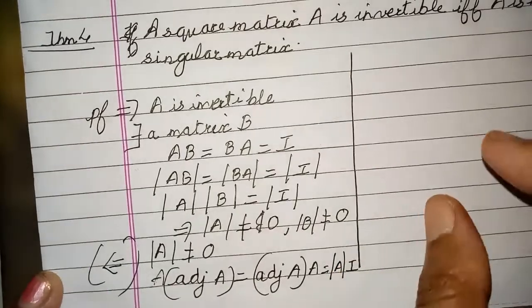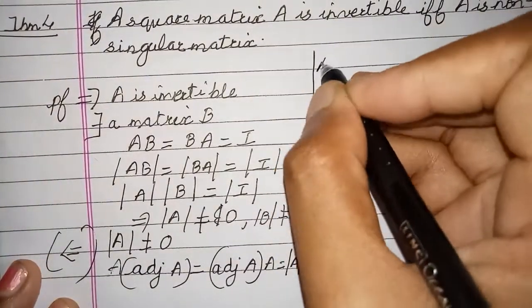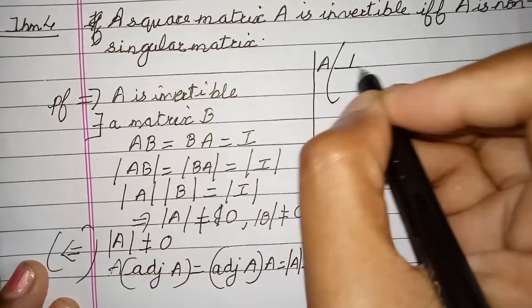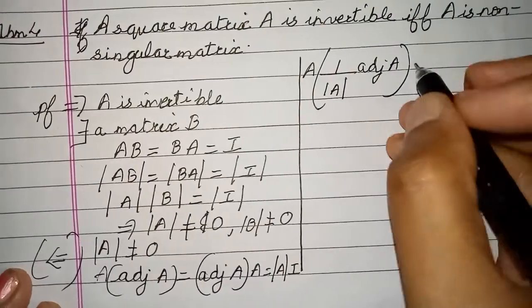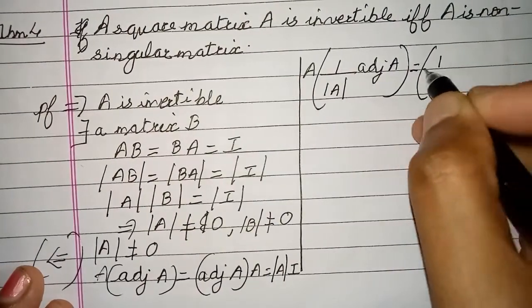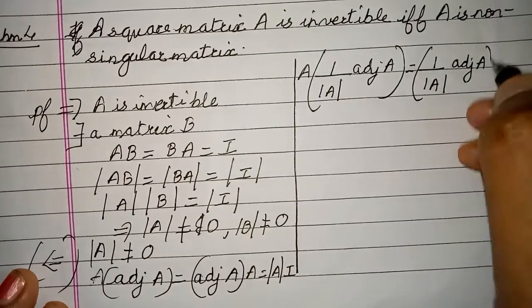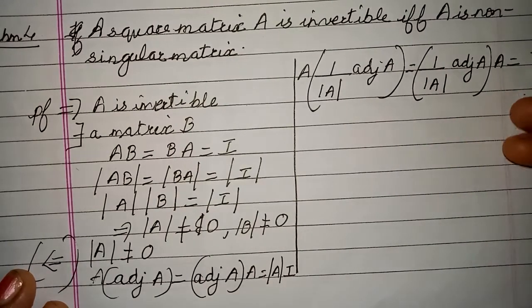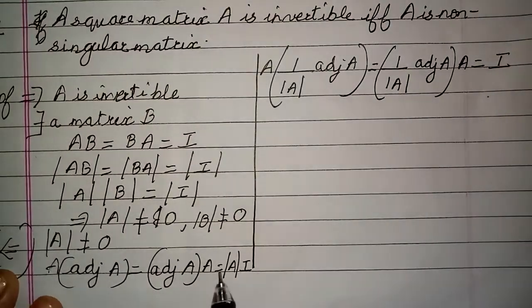Now determinant of A is not 0, so throughout this equation I am going to divide by determinant of A. So it will be like this: 1 upon determinant of A, adjoint of A into A is equal to I. Determinant of A will get cancelled here, right?